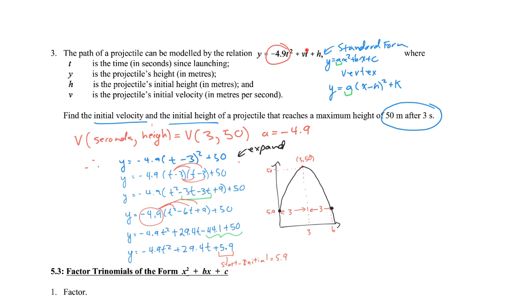The number in front of the t was our velocity, which means our initial height was 5.9 meters, and our initial velocity is going to be 29.4 meters per second. And we're done. We got all the information we were looking for.